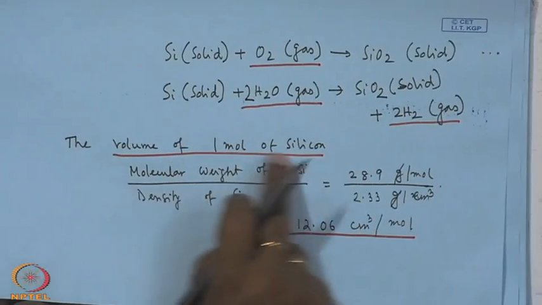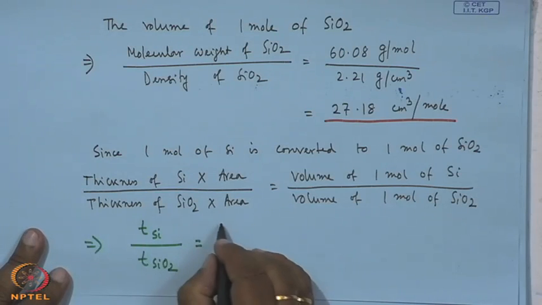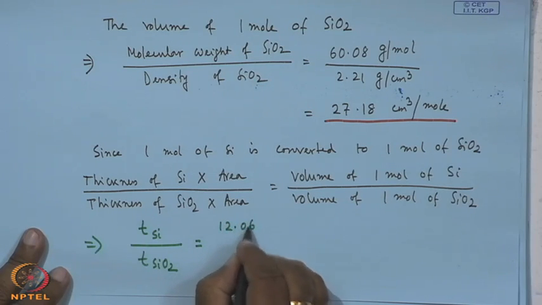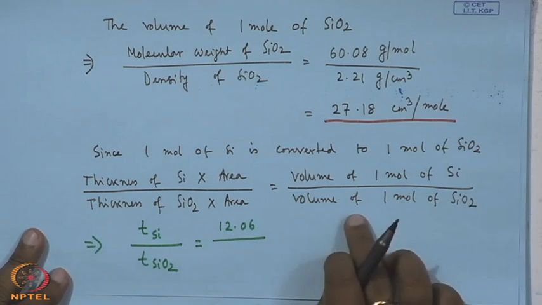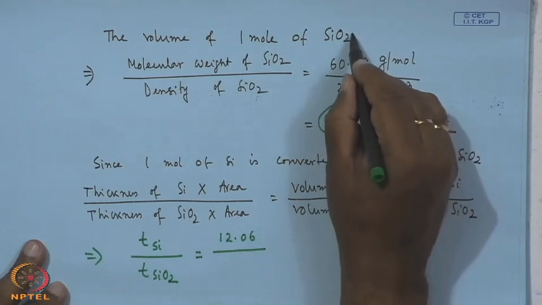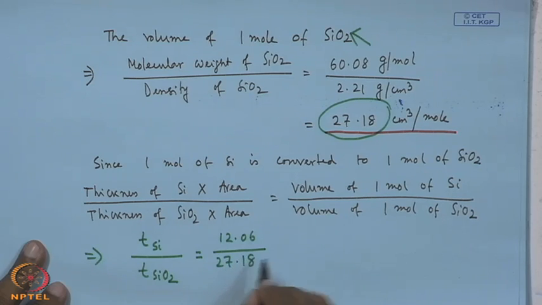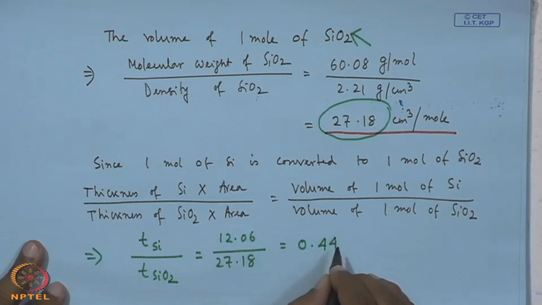Volume of 1 mole of Si is 12.06. So, let us write 12.06 divided by the volume of 1 mole of SiO2, which is 27.18, and the final output is 0.44.